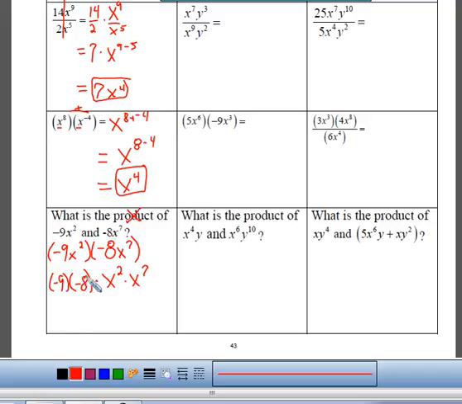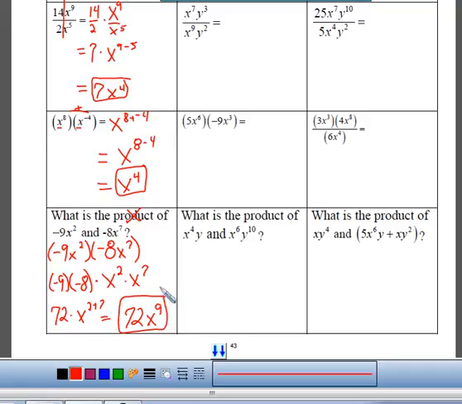So, multiply your two numbers, negative 9 times negative 8, positive 72. X squared times x to the 7th means x to the 2 plus 7 power, and one more step, 72x to the 9th.